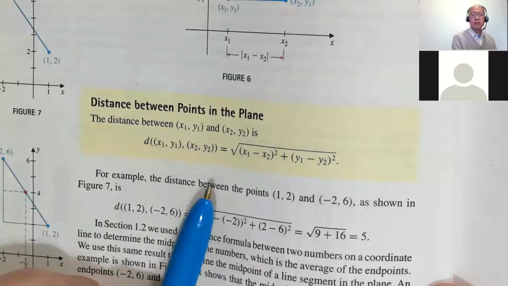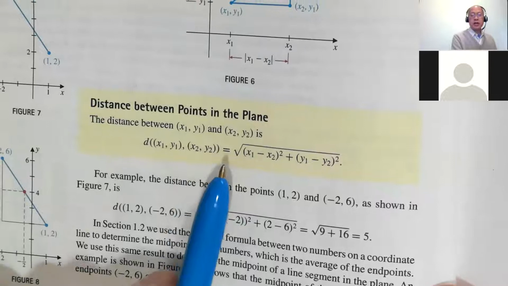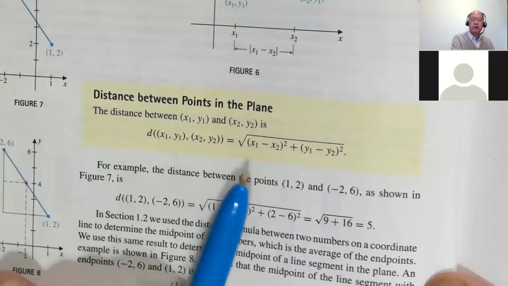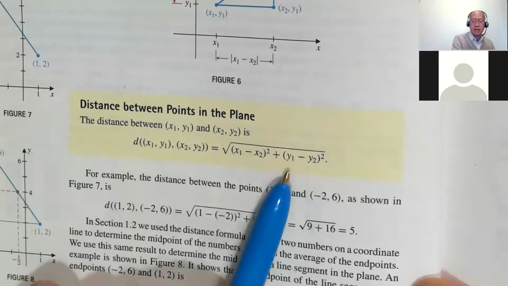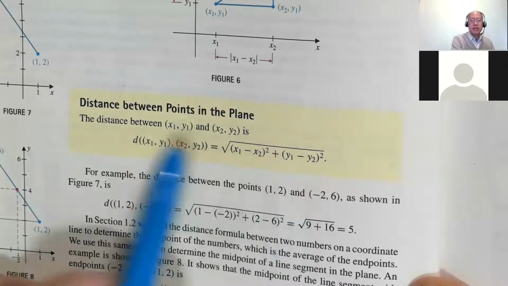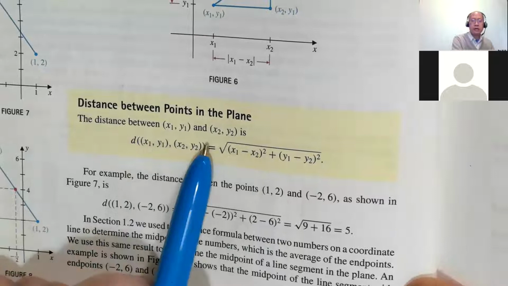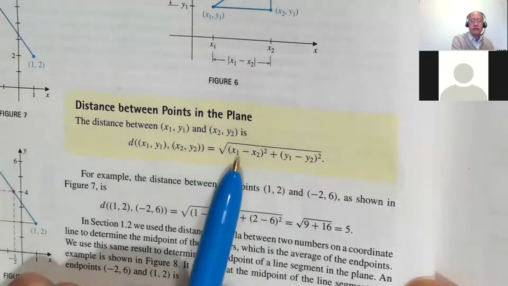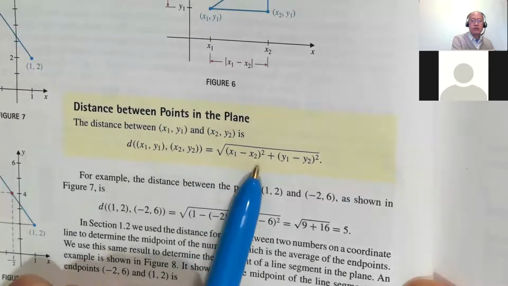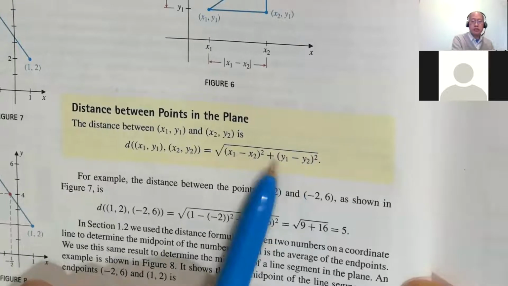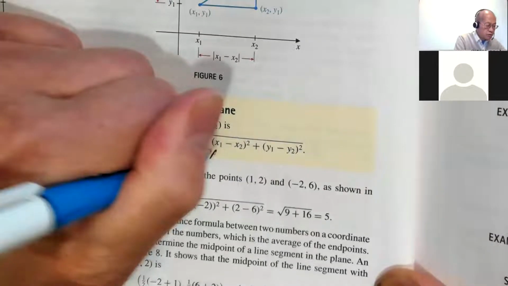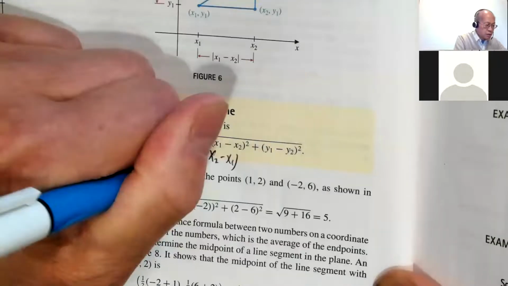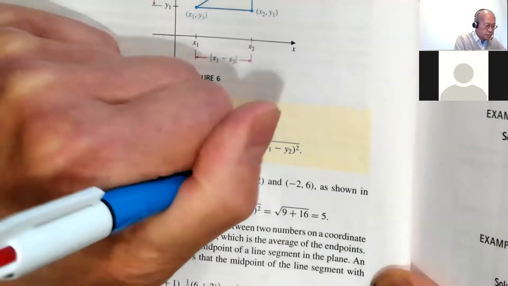There's a formula. You can put this on your cheat sheet. In reality, most books put x2 minus x1 and y2 minus y1, but it's the same thing. I'm more used to that. So the distance between x1, y1 and x2, y2 is the square root of x2 minus x1 squared plus y2 minus y1 squared. If you want to leave it like that, that's fine. I'll just go ahead and write down what I'm used to and what I'll probably do most of the time.